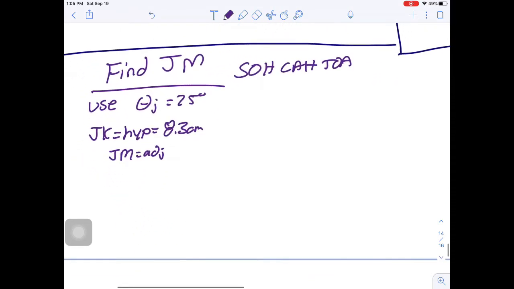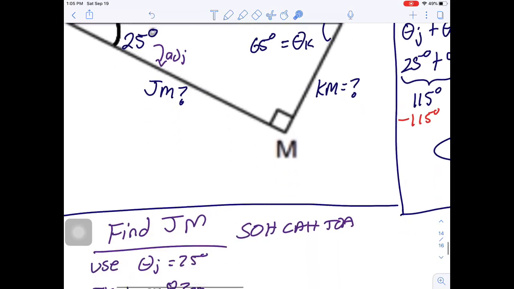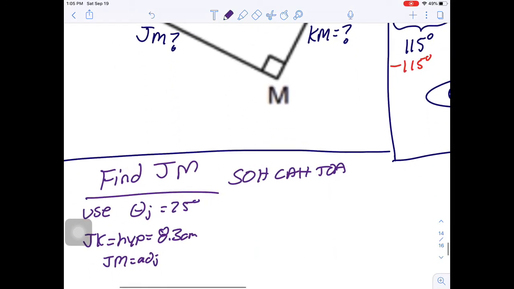So now we can try and determine which ratio to use. Well, we're not going to use tan because tan uses the opposite side length and the adjacent. That doesn't relate anything that we know of. The opposite we don't know, the adjacent we don't know, so that would not work.